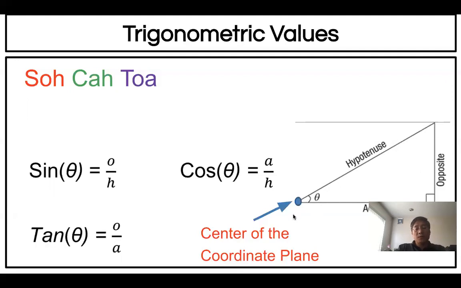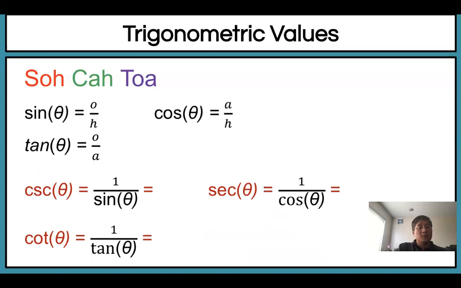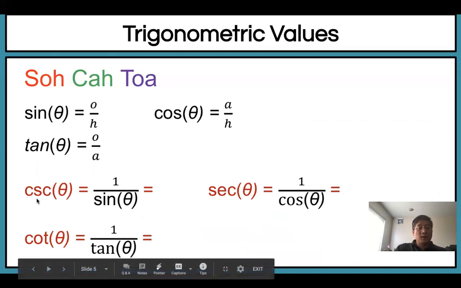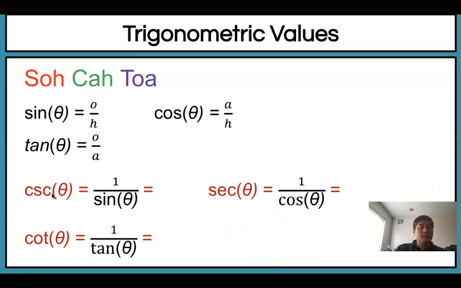But today we are going to add 3 more trigonometry values, which are the reciprocals of each trigonometry value here. Sine, cosine, tangent we already know, but here is cosecant. How do you write cosecant? CSC, you say it cosecant. Cosecant is the reciprocal of sine, so 1 over sine.